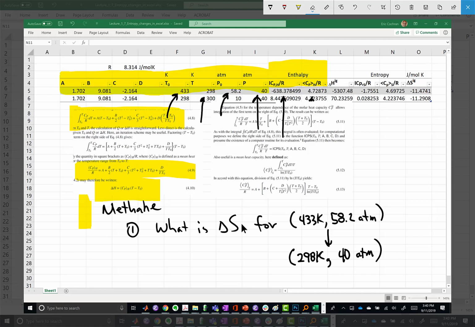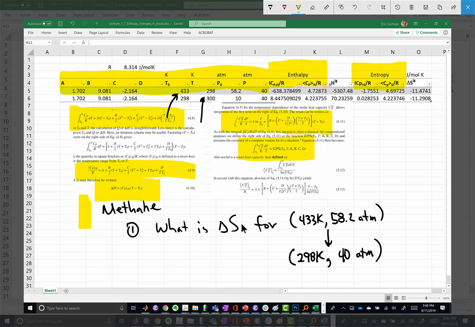The next section is the enthalpy section, or sorry, the entropy section. And that's going to cover the material that I just derived in the previous video. So those are the entropy integrals. Column M just does the integral directly, and that's essentially the ICPS function that the text talks about.